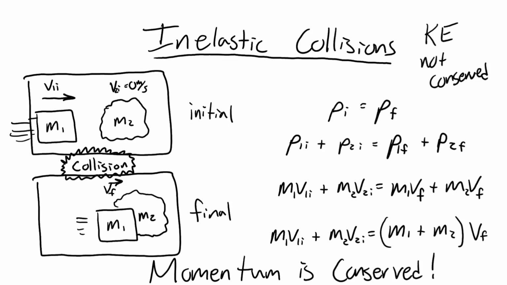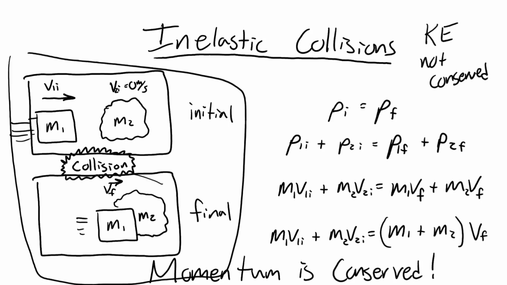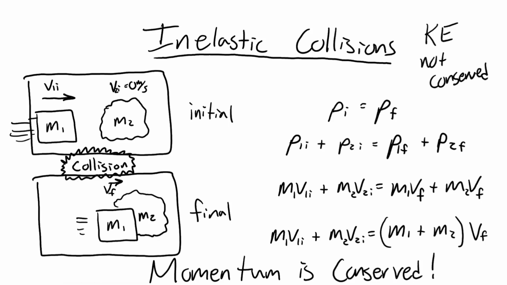Now, this is a perfectly inelastic collision that we do because, as you could see, they totally stick together. You could have partially inelastic collisions where they do bounce off each other, and if you don't do the math, it kind of looks like an elastic collision because they bounce off each other.